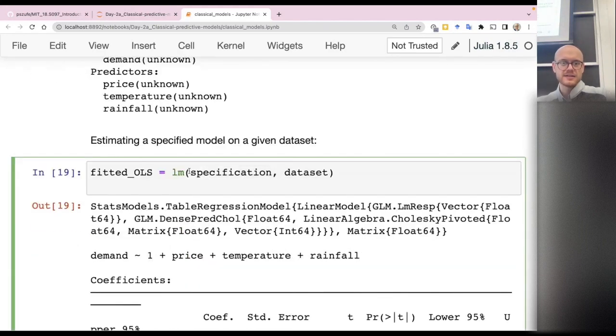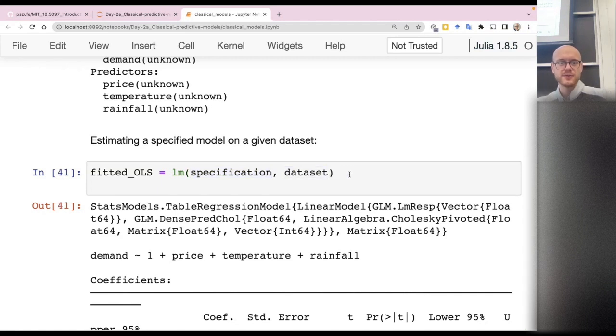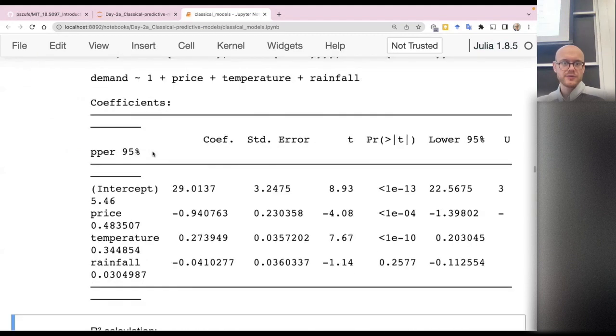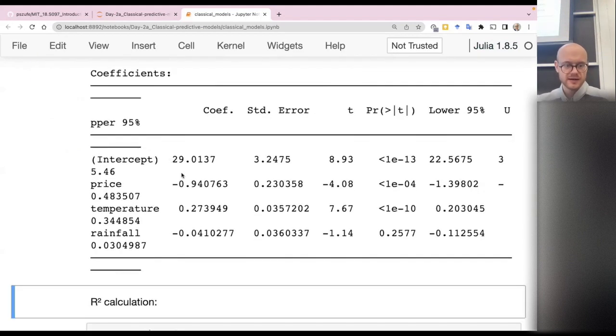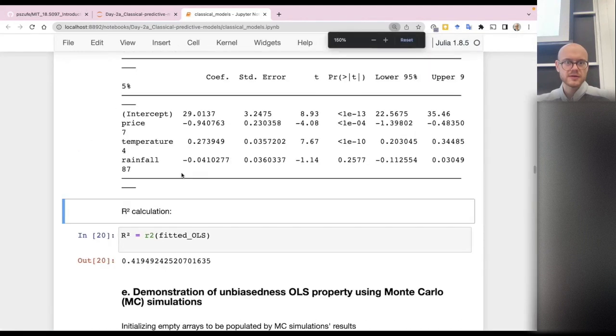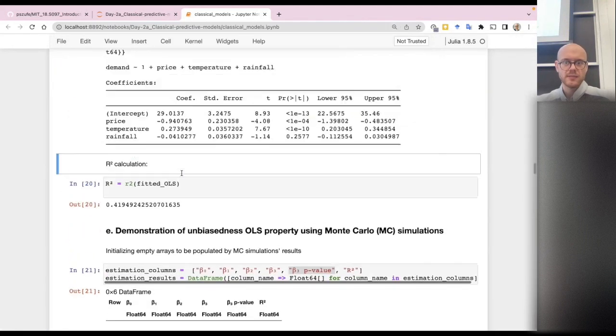Having the specification defined and our data set generated, we can apply least squares estimation using the LM linear model function and save the results to the fitted OLS variable. And we have this nice output.